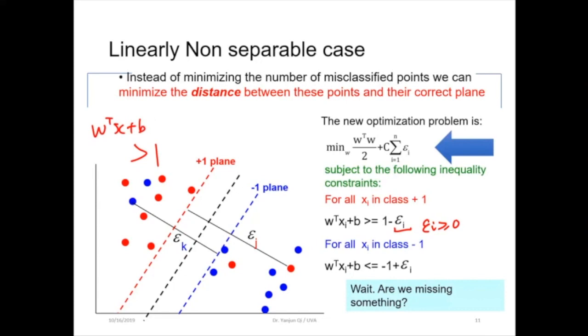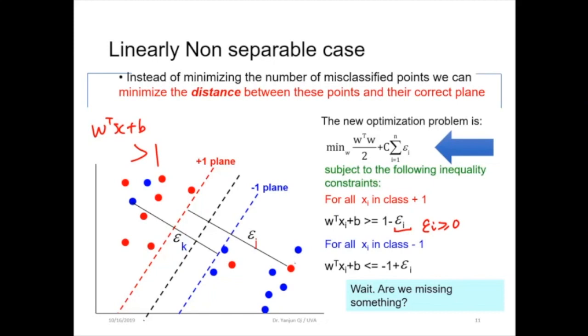So all the points here will be larger than 1, and of course it will be larger than 1 minus epsilon, because epsilon is a positive number. Only those points on the wrong side are supposed to be larger than 1 but actually are smaller.